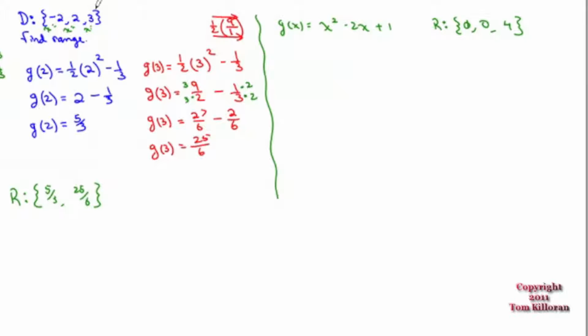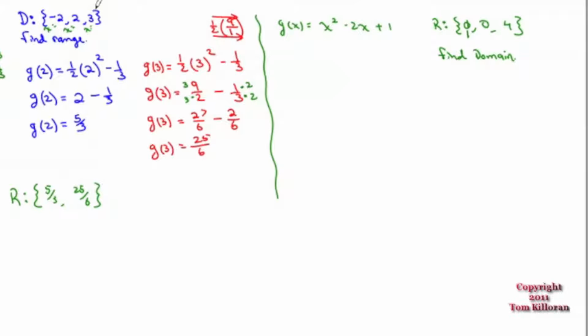The range of this function is 1, 0, and 4. How would I find the domain? That's what we're going to have to be finding. So find the domain: the values of the domain that have these as their ranges.